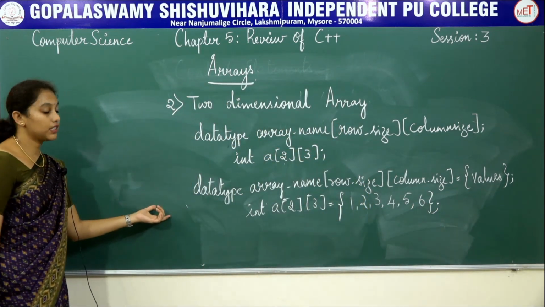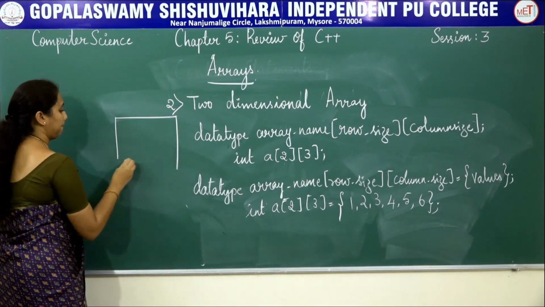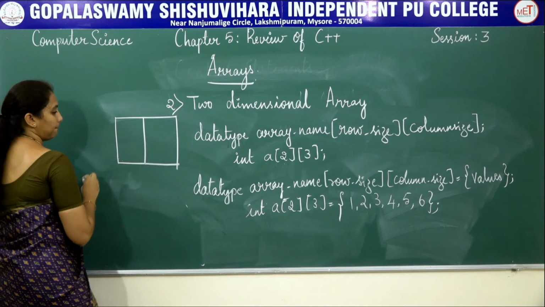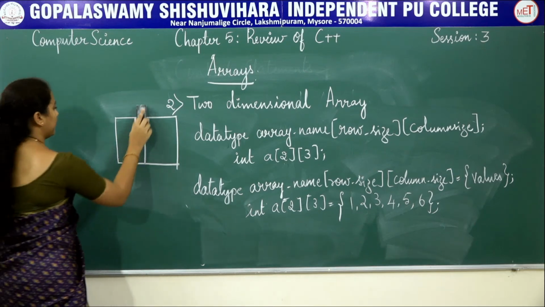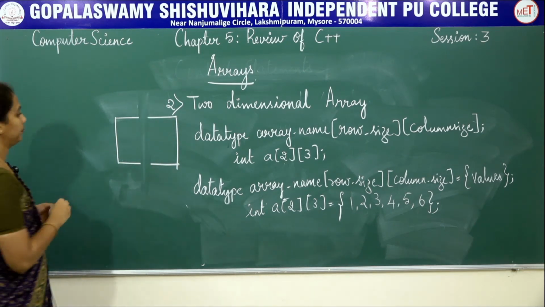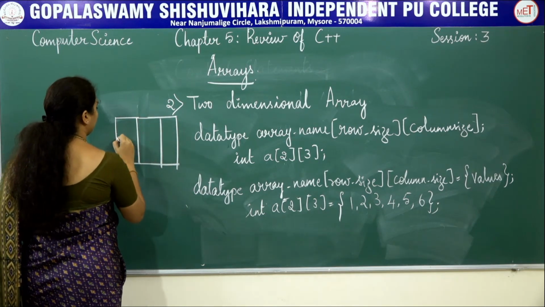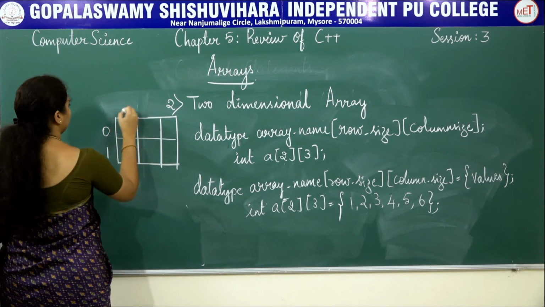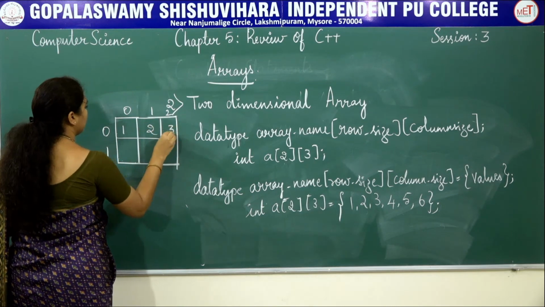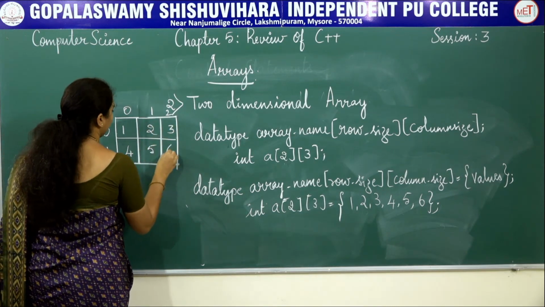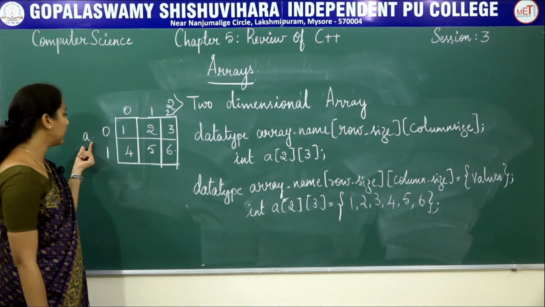So the memory representation of a two-dimensional array will be as shown, and the name of the array is A here.